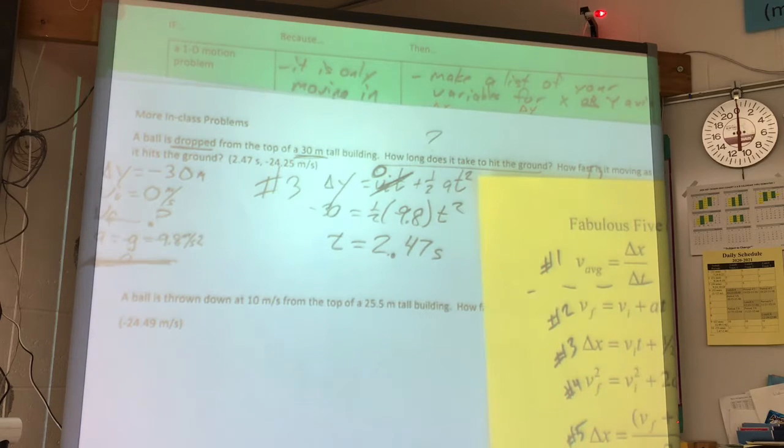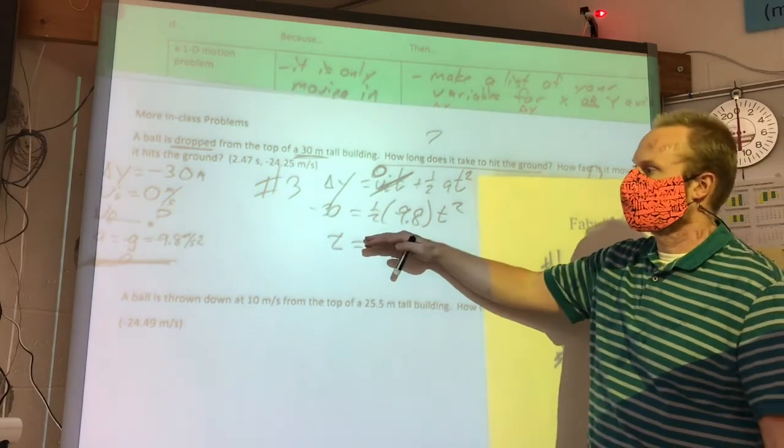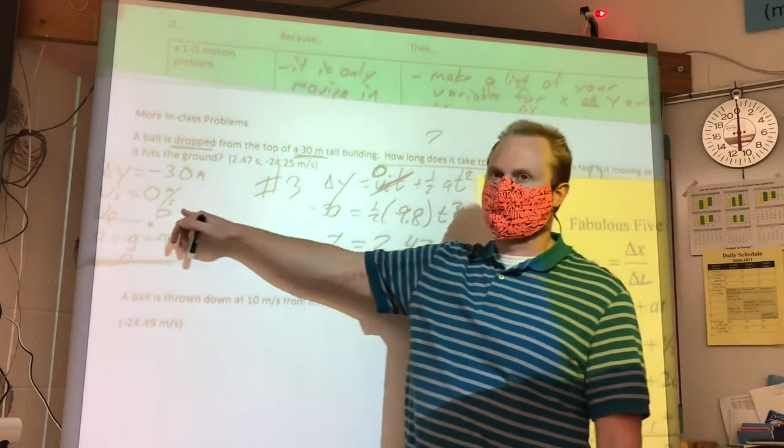I've mentioned it a couple times in videos, but the best practice, if you have to solve a problem and then have another problem solved on top of it or afterwards, is to pretend like you didn't just solve for time and then solve for final velocity.